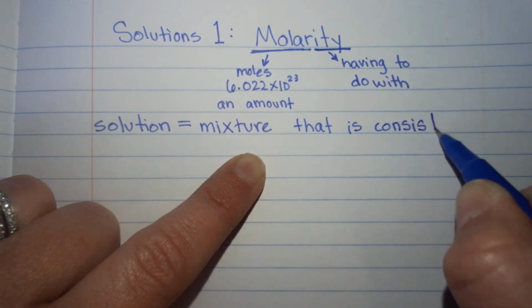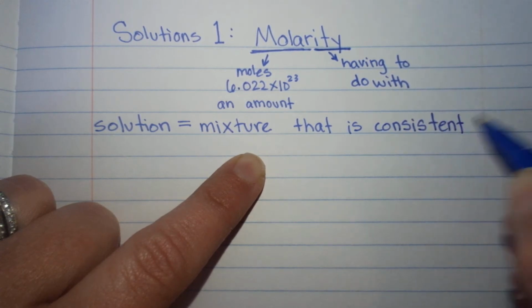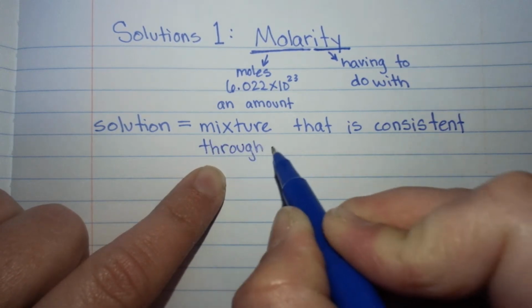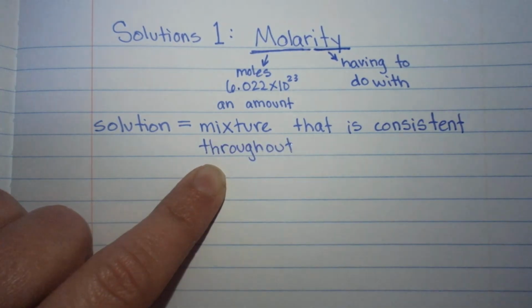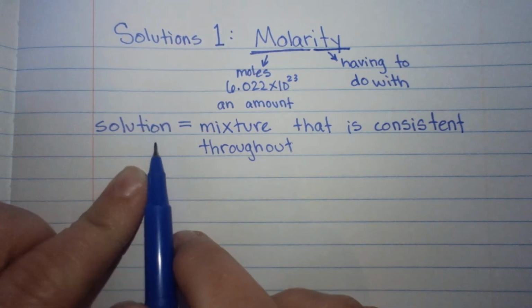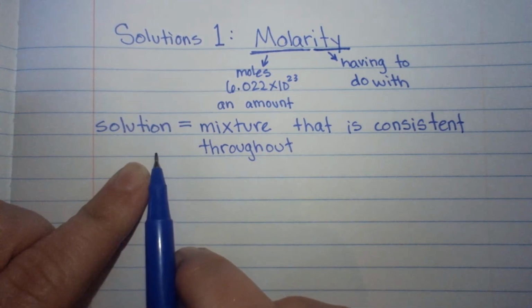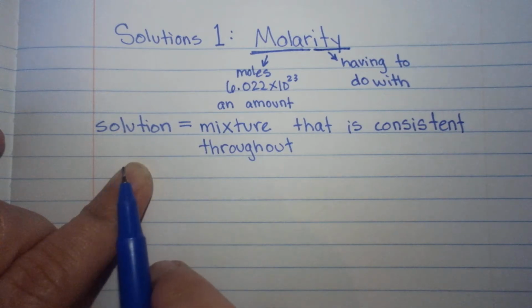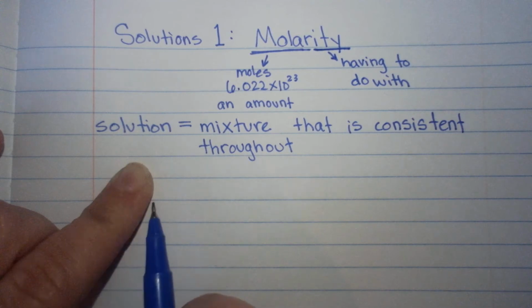Like iced tea is a solution. I cannot see any chunks or layers in iced tea. I said brass was a solution. Think about brass, the metal. It's all the same color all the way throughout, but it has different components.